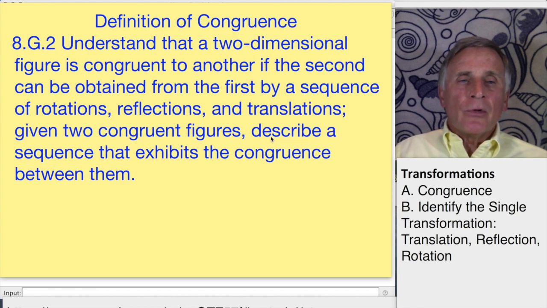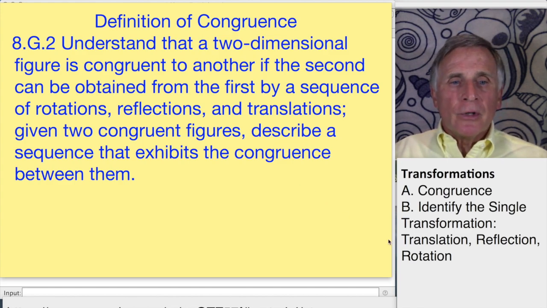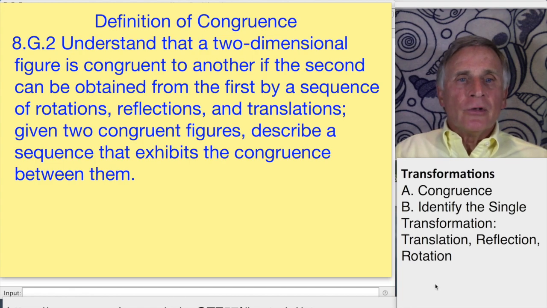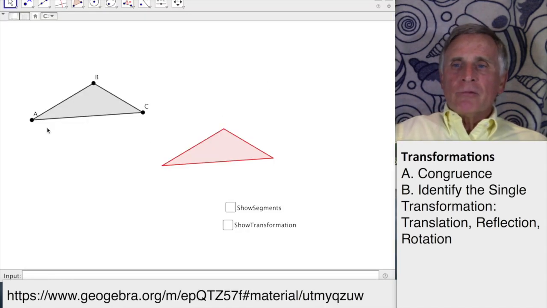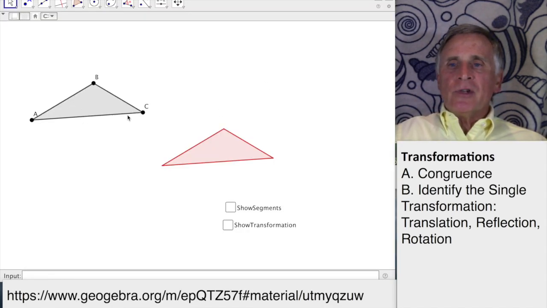Well, we're going to start out with singular. In other words, we're only going to look at whether these could be defined to be congruent by a single transformation of either a translation, reflection, or rotation. If you want to go advanced, we'd look at combination techniques. We have the original in black labeled ABC, and the image is in red.